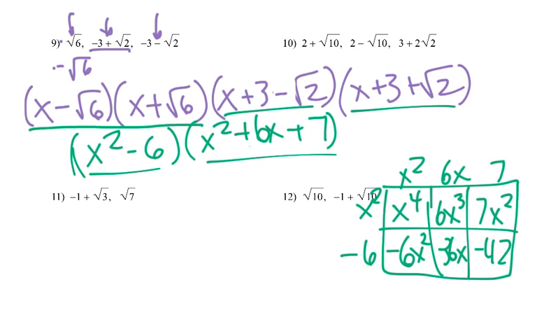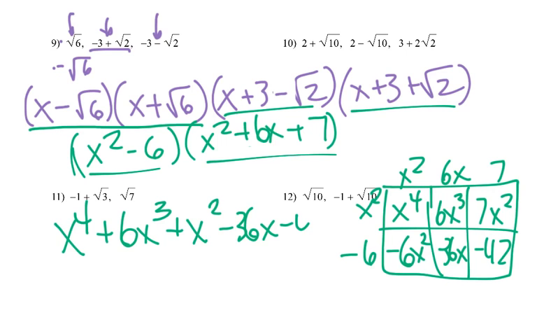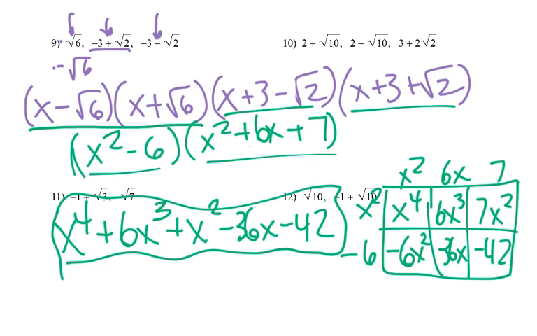So for number 9, we get x to the 4th plus 6x cubed plus x squared minus 36x minus 42. We end up with that.